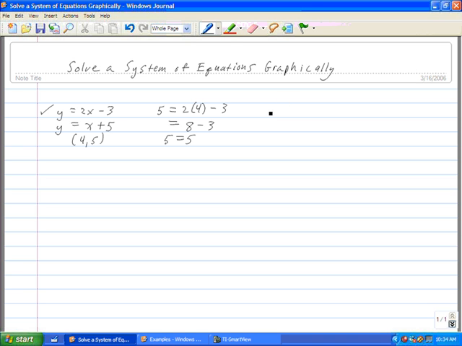I now need to take the second equation and substitute. So basically, I've taken this equation, put in those values, and this time around, I get a false statement. So even though that ordered pair worked in the first, it did not work in the second equation.